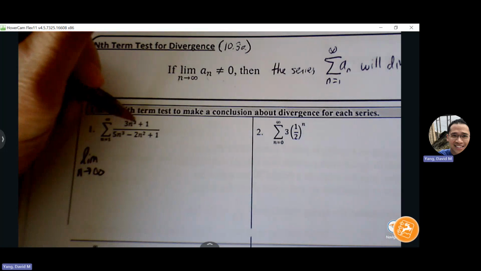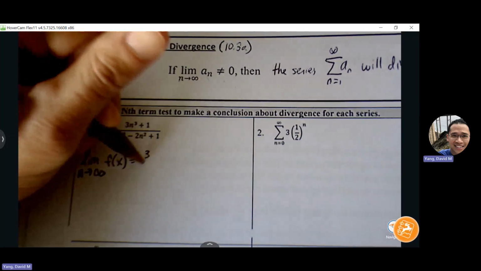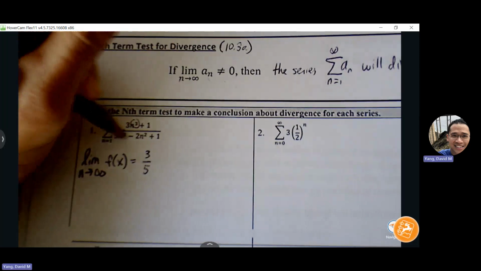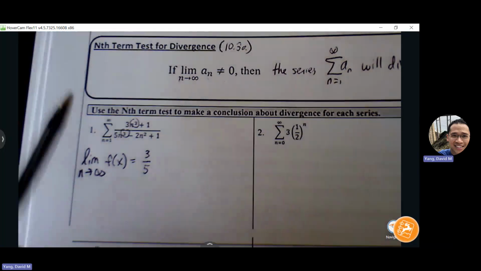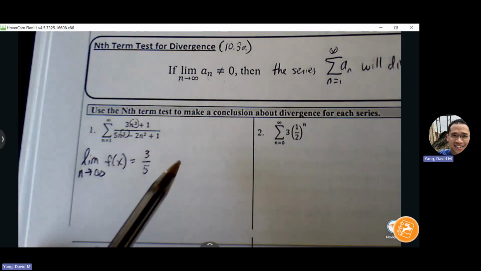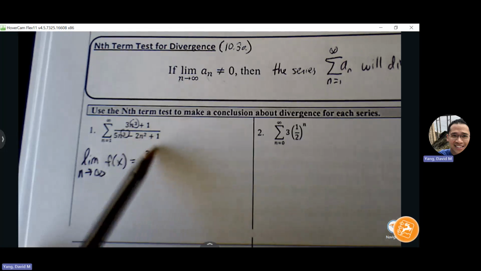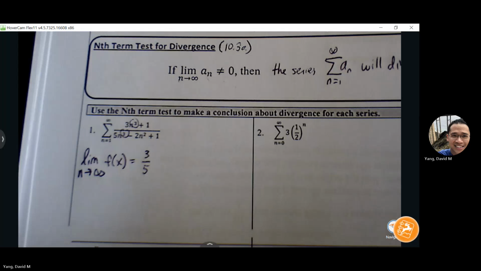So here, what is this function approaching? 3/5, right? So if my term is getting closer towards 3/5, that means it's not getting closer towards 0. If it's not getting closer towards 0, there's no chance that adding all these terms up will get me to a converging series, because it's not getting small enough for us to get there.